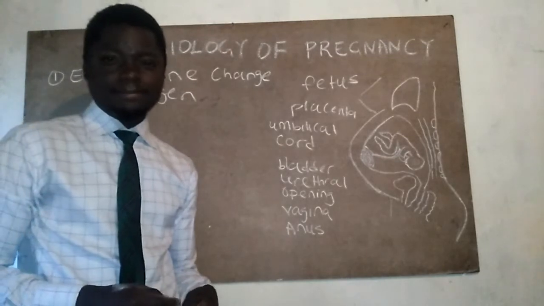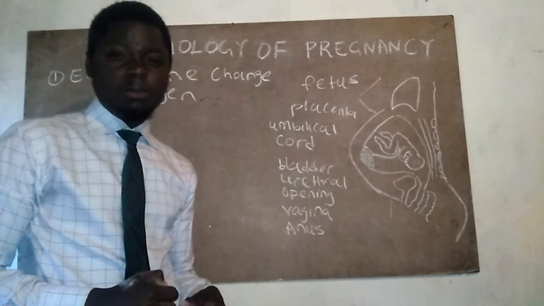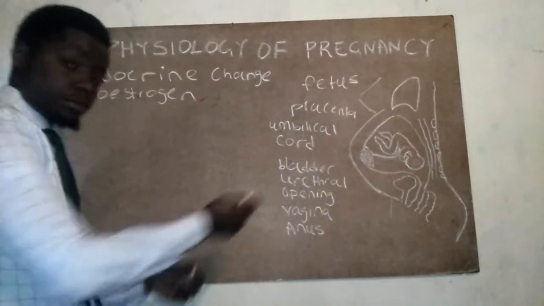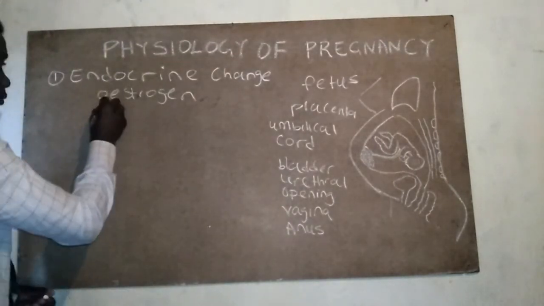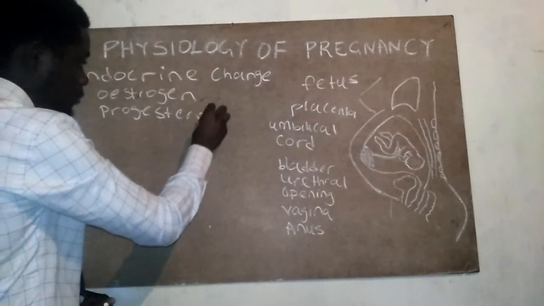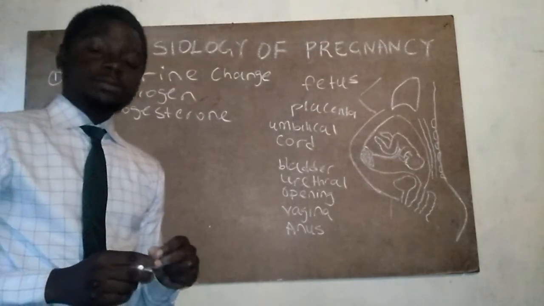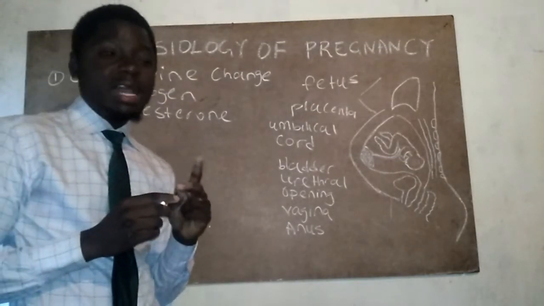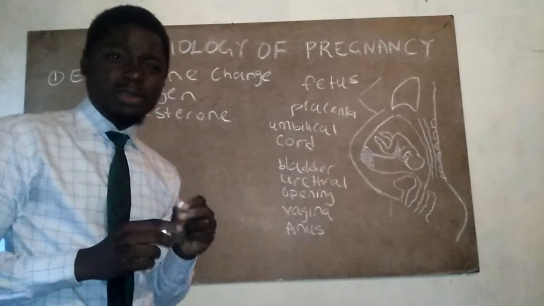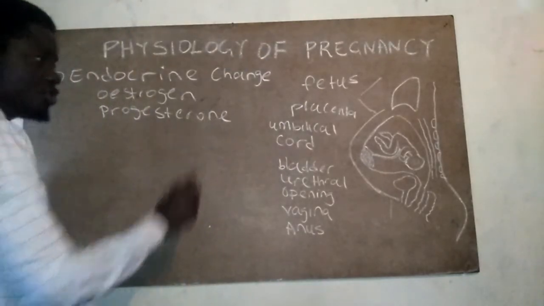The next hormone that the anterior lobe of the pituitary gland is going to produce is progesterone. Of course, the point to notice is that the pituitary gland is not really the one producing these hormones, but it's going to stimulate certain organs and body cells to produce them.